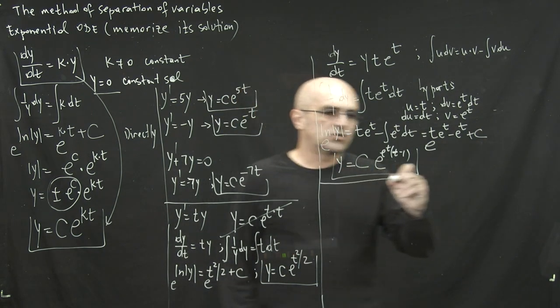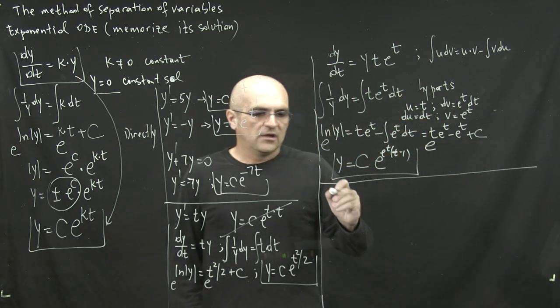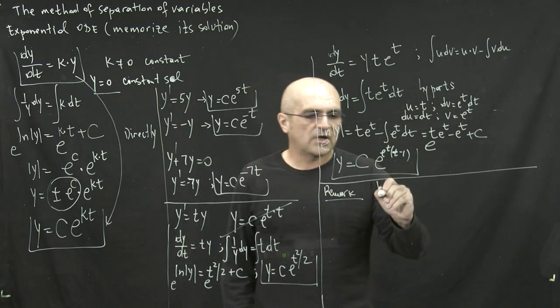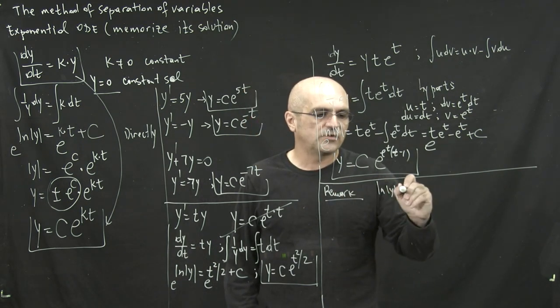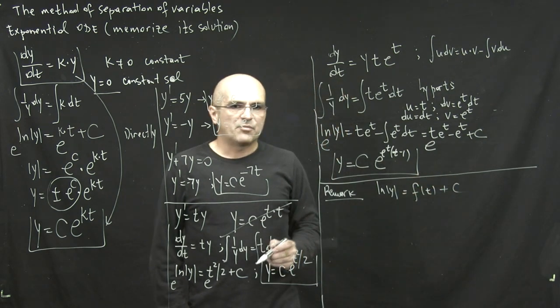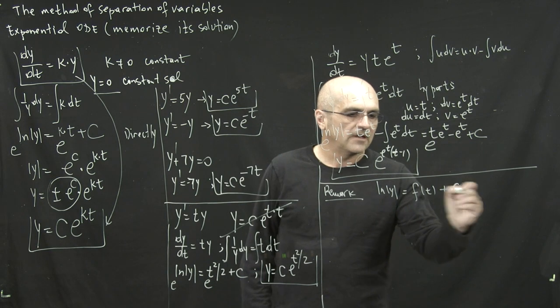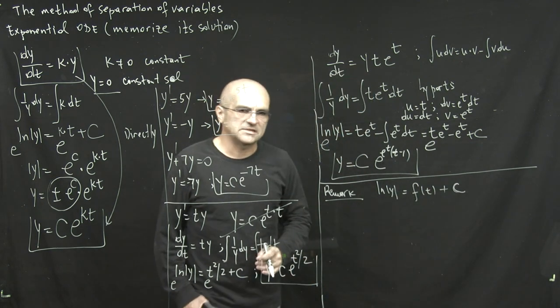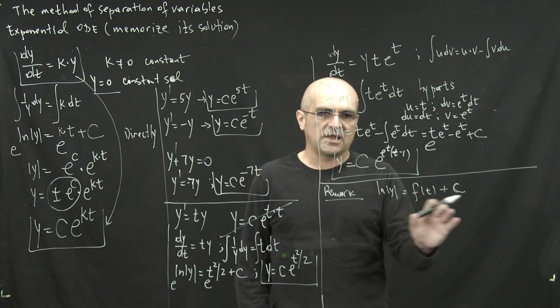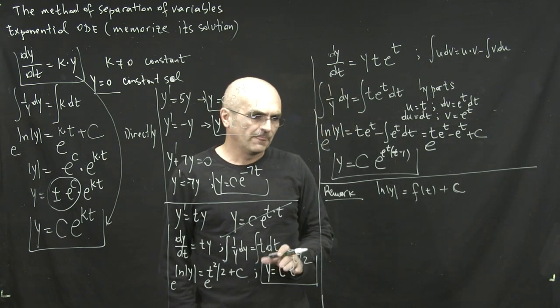So to summarize the shortcut I was talking about, let's write it here as a remark. Whenever you have to solve for y from a natural log of y, so let's suppose in the process of solving this ODE, you end up with natural log of y equals some function of t plus a constant. This can be any function of t, right? Suppose this is essentially the last part of the ODE.